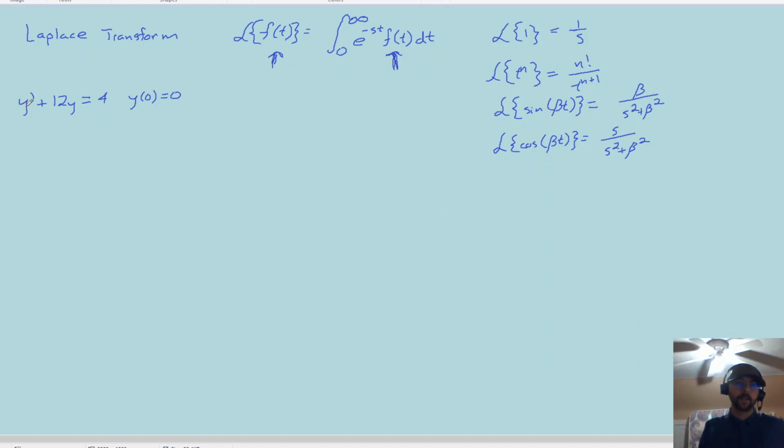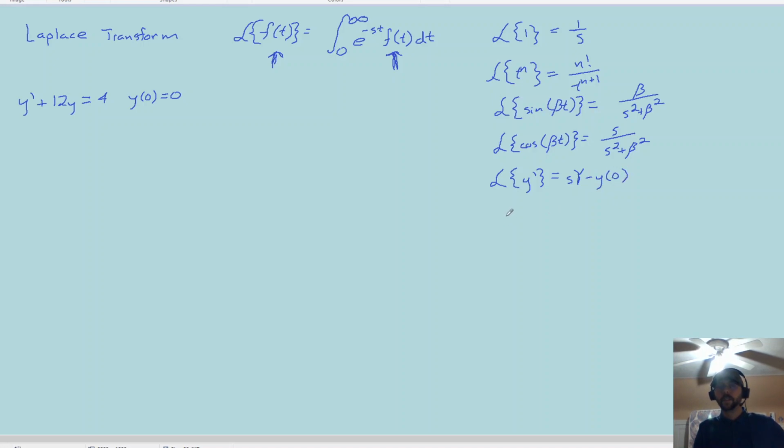So we have just the first derivative. Another thing I should have written is the Laplace transform of derivatives. There's actually a more generalized formula, but I don't even find it helpful. It's really complicated, so I think it's easier just to memorize that the Laplace transform of the derivative of y equals s times big Y, where big Y stands for the Laplace transform of y, minus y at 0.